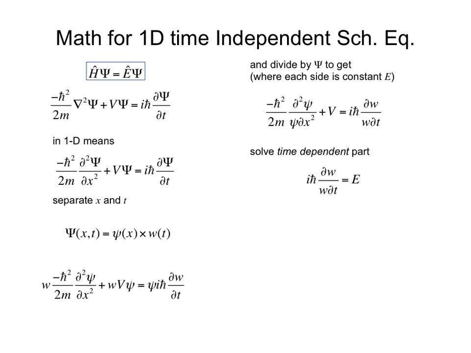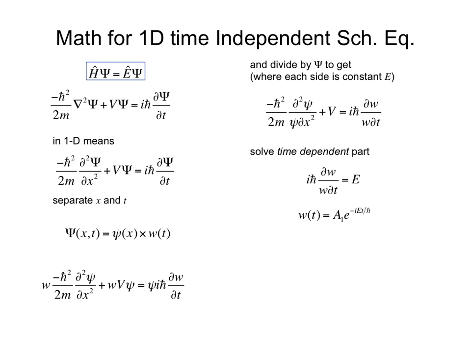So for example, we can solve the time-dependent side on the right simply as i h bar, the derivative of w with respect to time divided by w, equals our energy. Since E is simply a number, this is a simple one-dimensional differential equation that we can solve using calculus.